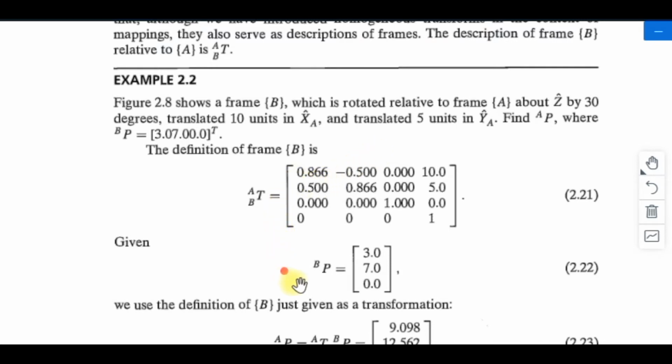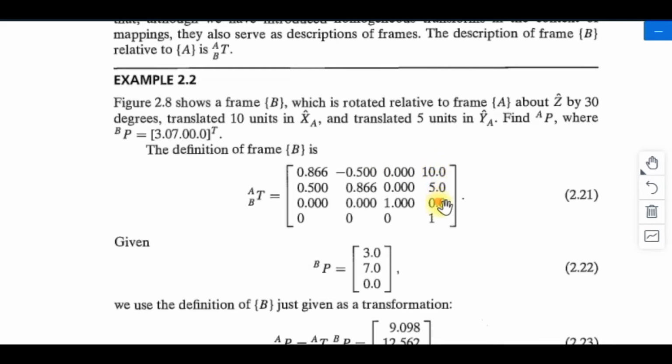So the B P is given and here the rotation about Z is 30 degrees. So the frame B is rotated relative to frame A about Z by a 30 degree angle. Now translate 10 units in X A and translate 5 units in Y A and find the A P where the B P is given. So look at the translate.